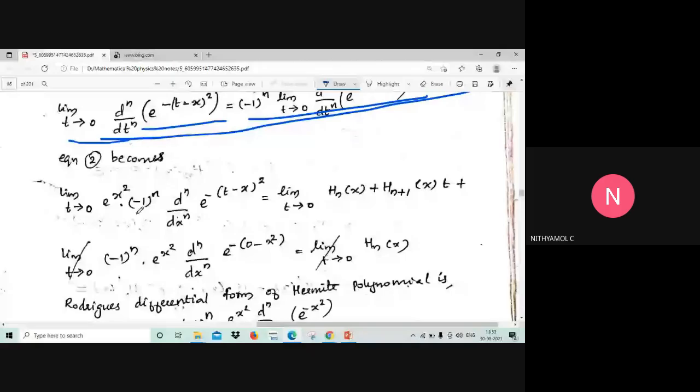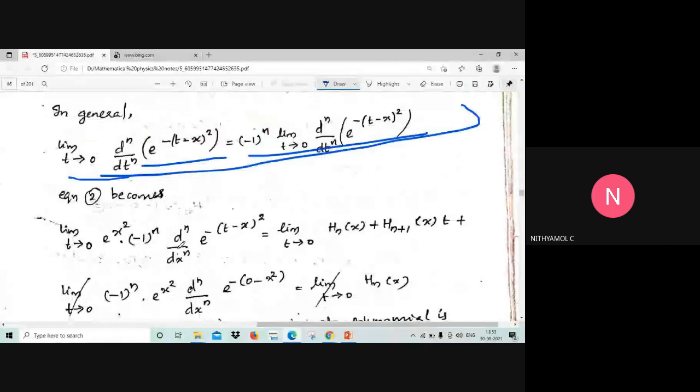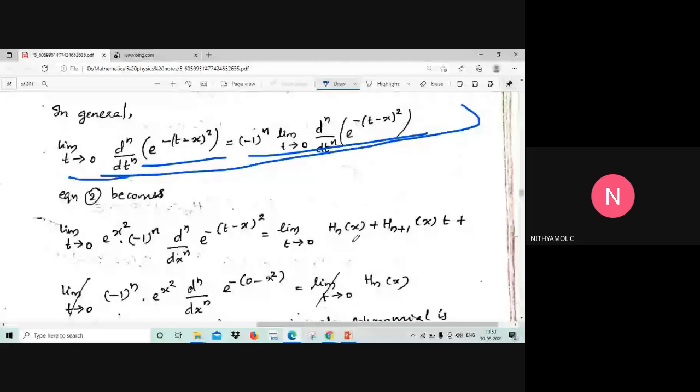So now this equation becomes, limit t tends to 0, we can substitute this one, e raised to x square minus 1 raised to n d n by dx n e to the power minus x square.